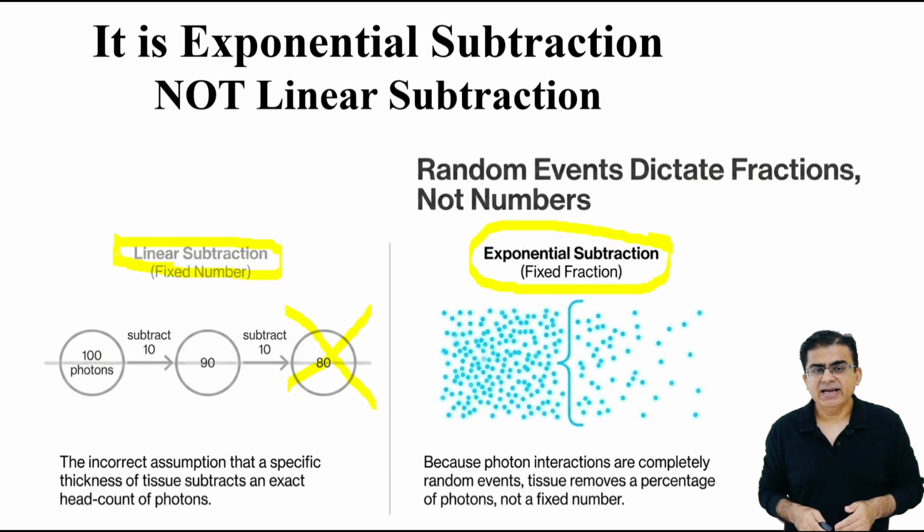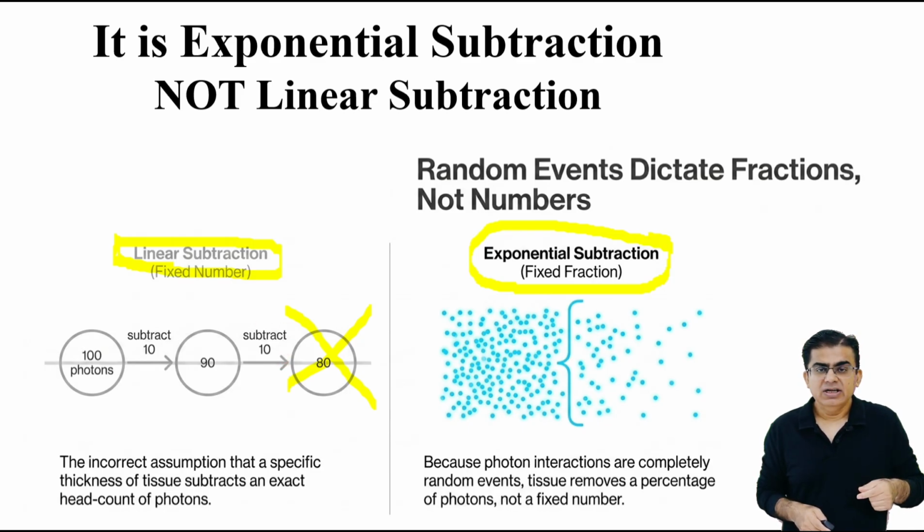Let us accurately calculate how this actually works in the clinic. If the first centimeter removes 10% of your 100 photons, it successfully removes 10 photons. Now you are left with exactly 90 photons. But the second centimeter will not remove another 10 photons.